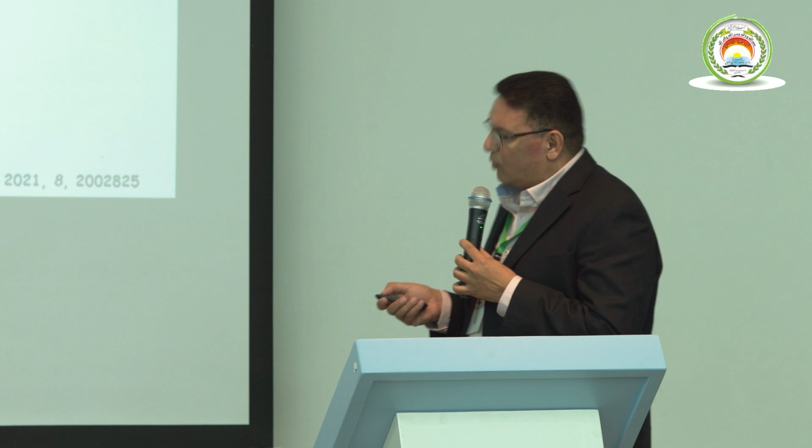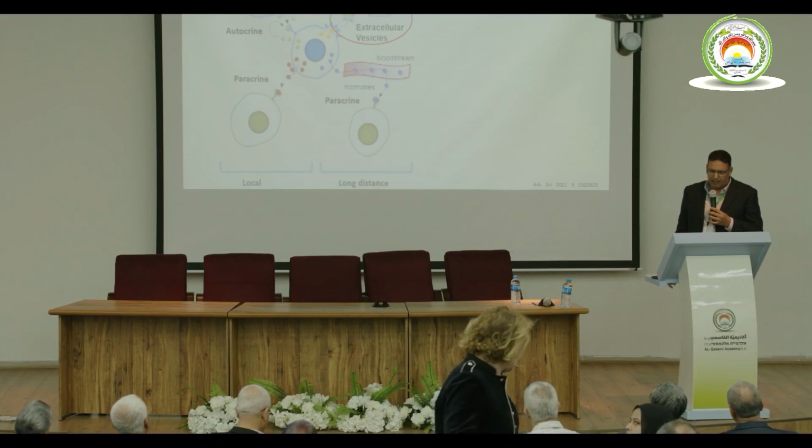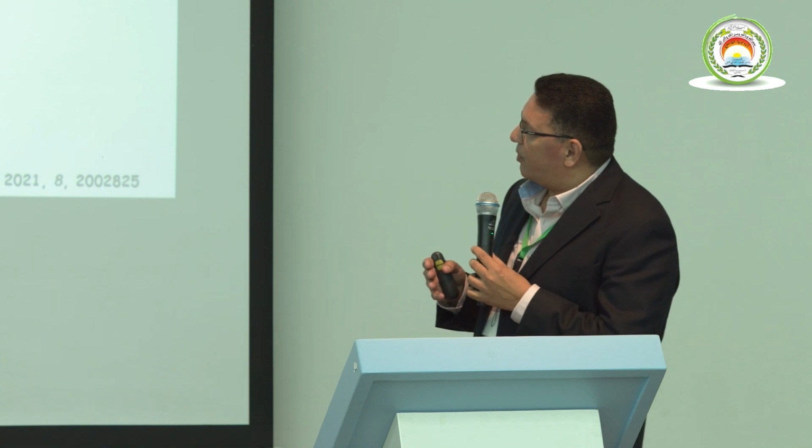But the most important communication between cells is through vesicles, extracellular vesicles. These extracellular vesicles are secreted from cells and they go to the recipient cells. They have a cargo inside.